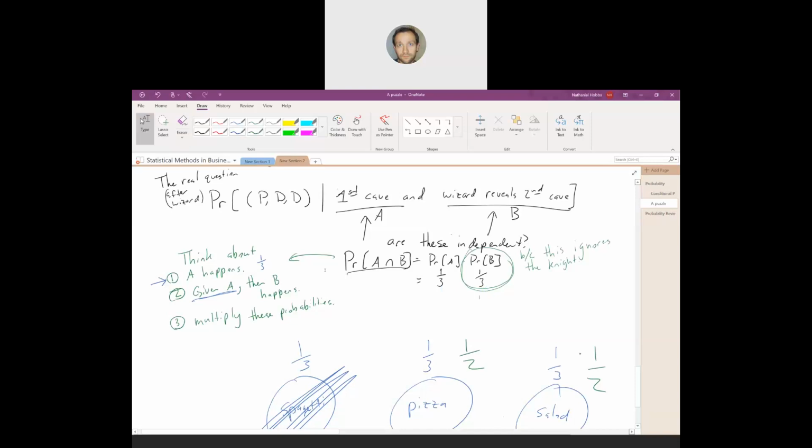So we have the probability that the knight chooses the first cave is 1/3.